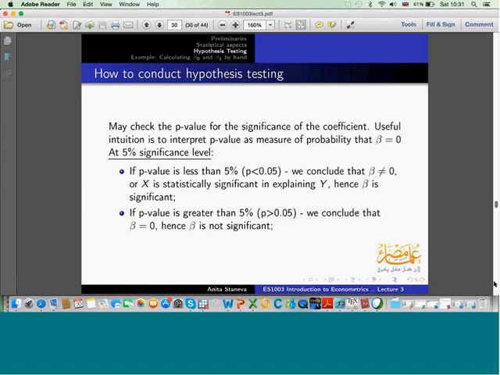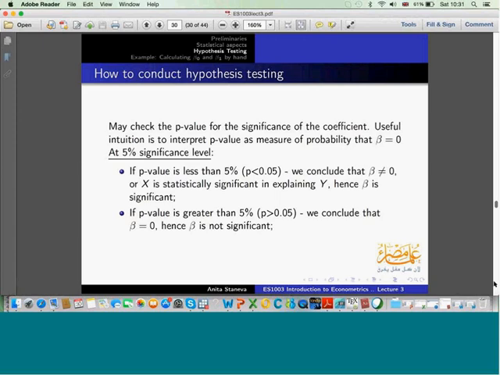The other way, we may check the p-value for the significance of the coefficient. A useful intuition is to interpret the p-value as a measure of the probability that beta is equal to zero.